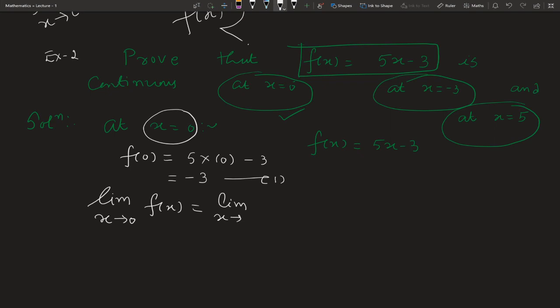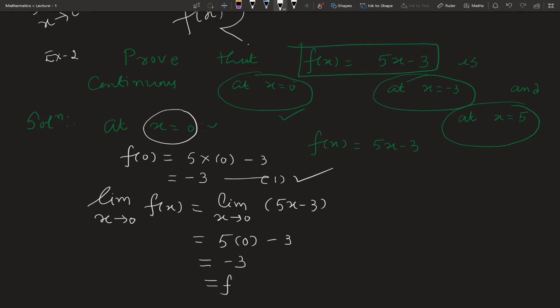This is limit x tends to 0, so x not equal to 0. From the value of the function 5x minus 3, to evaluate this limit put x equal to 0, 5 into 0 minus 3, this is minus 3, which is nothing but f of 0.